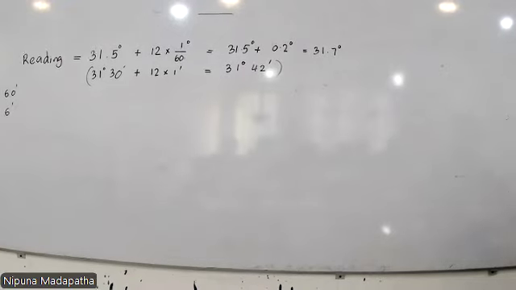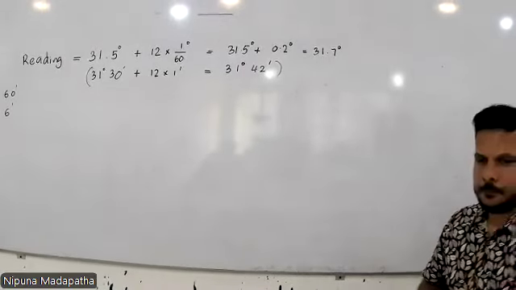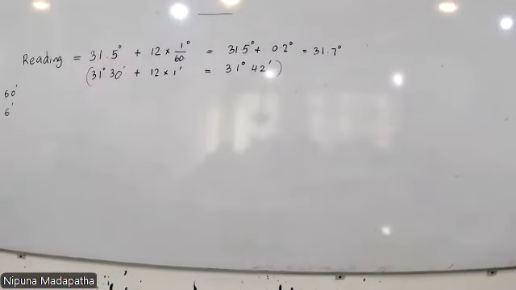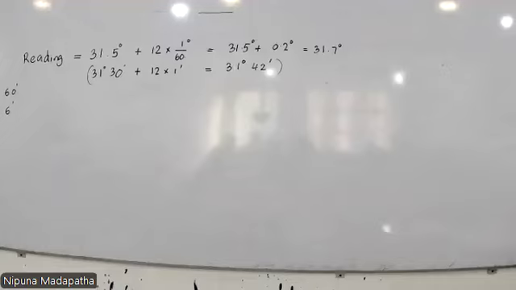Go to question number 7 of the tutorial. Take up question number 7. So now you can get the answer for question number 7. Same vernier scale, least count is 1 minute.